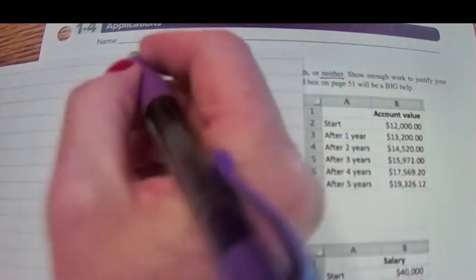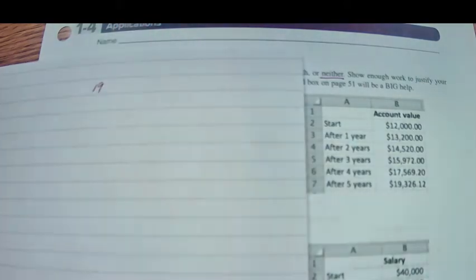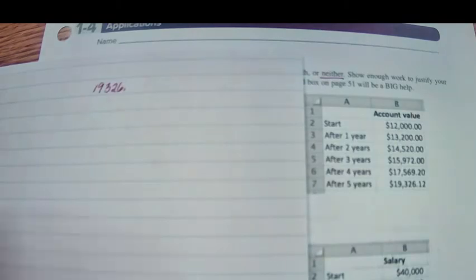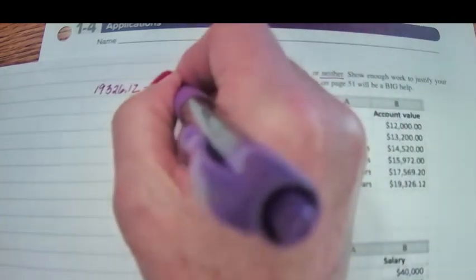So the difference between the 5th and the 4th year is going to be 19,326 and 12 cents, and then I'm going to minus 17,569 and 20 cents.